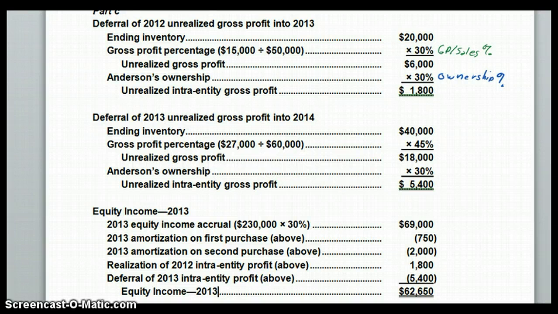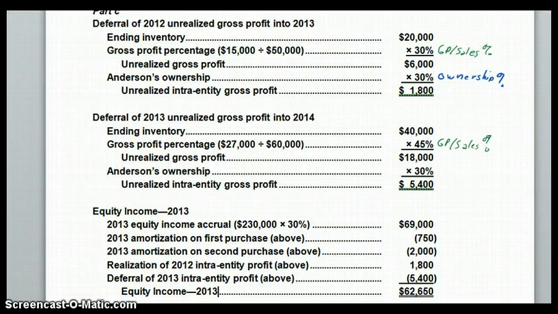The next year, Andersen sells to Behringer. Behringer pays $60,000 as the sales price. $33,000 is the cost to Andersen. Gross profit is $27,000. Gross profit over sales is 45%. So now at least the gross profit percentage is different than the ownership percentage. Out of the $60,000 sold to Behringer, $40,000 is still on hand at Behringer at the year end.